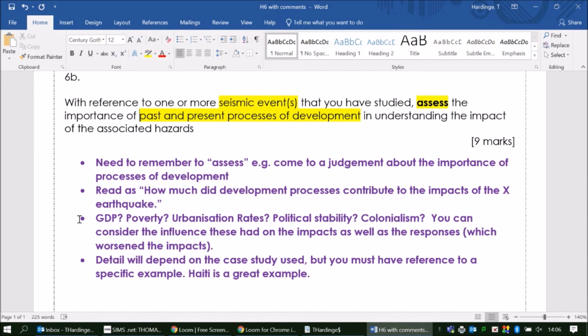So you should be able to go back in your notes and have a look at what those factors were, what those past and present processes of development were, and start to then think about how important they are in helping us to understand the impact of the hazard. Remember, they don't explain everything, but they do help us to get a very good idea about why the Haiti earthquake was so devastating.